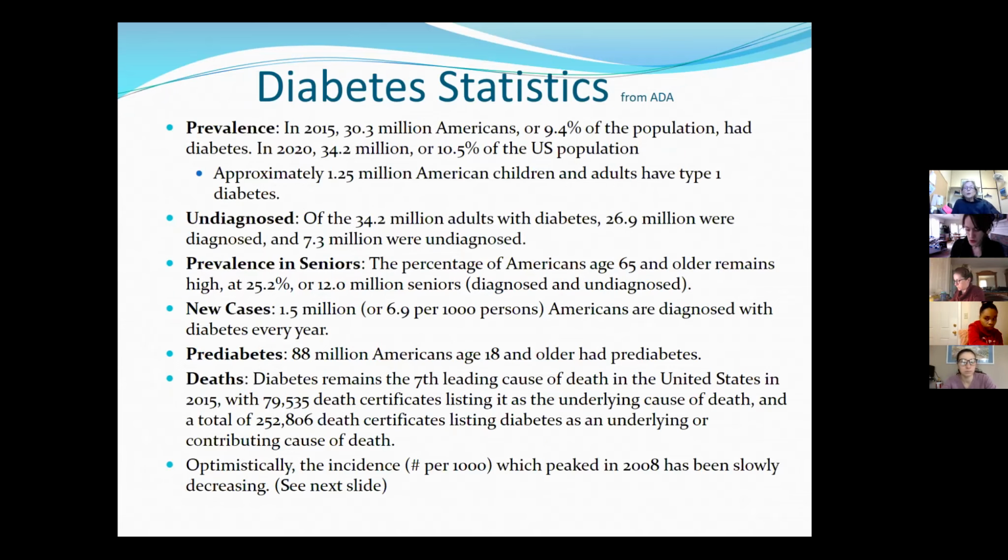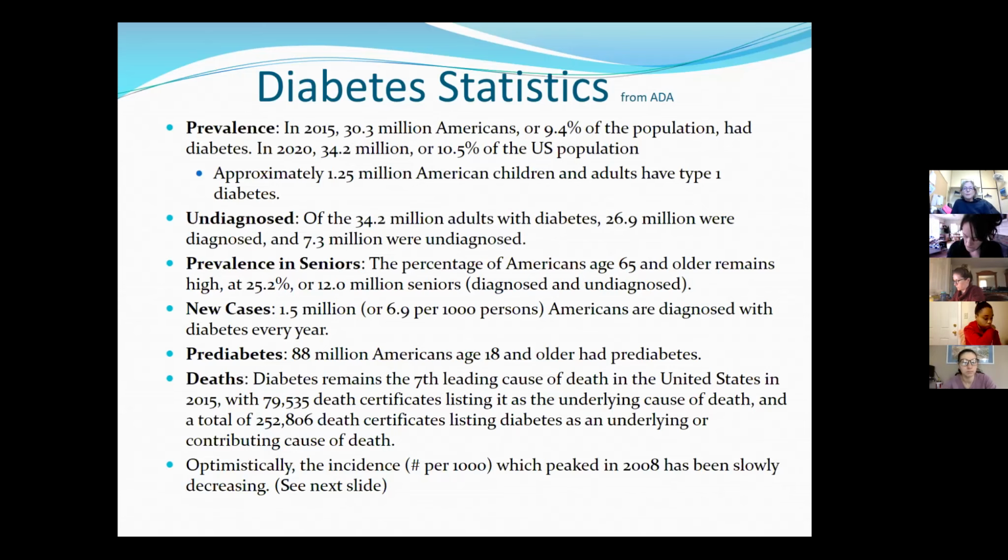Approximately 1.25 million American children and adults have type 1 diabetes. But type 1 diabetes is really just the tip of the iceberg. The majority of diabetics are type 2. Again, I'll be talking more about this in coming slides as I go along in this lecture.